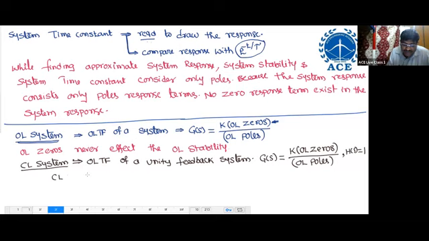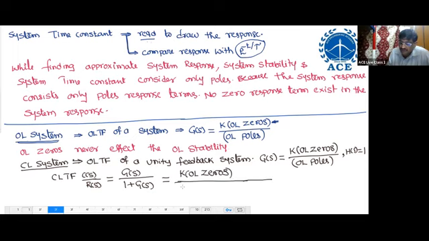What is the closed loop transfer function? C of S by R of S equals G of S by 1 plus G of S. That means you are getting K into open loop zeros by open loop poles plus the numerator term added in the denominator.